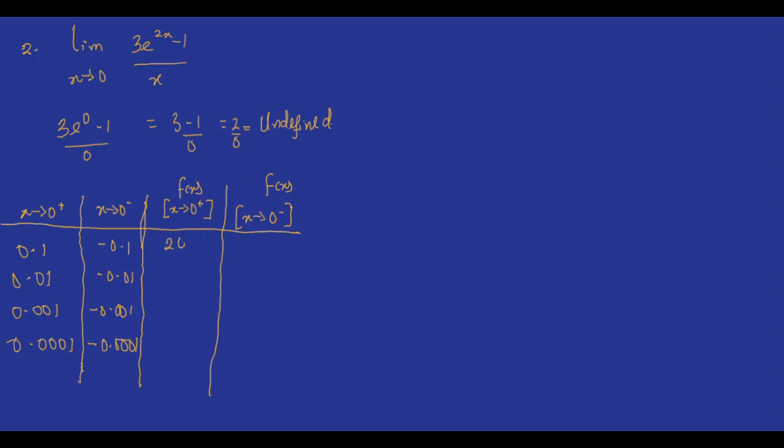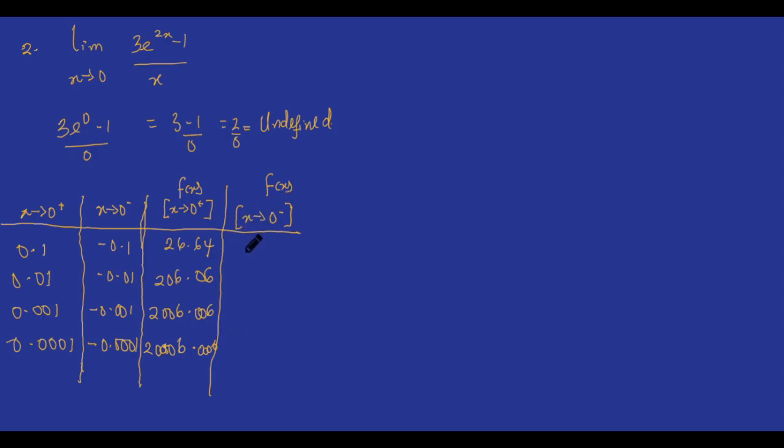Then we take a look at the values of the function. We have 26.64 here. We have 206.06 here. We have 2006.006 here. Then we have 20,006.0006.